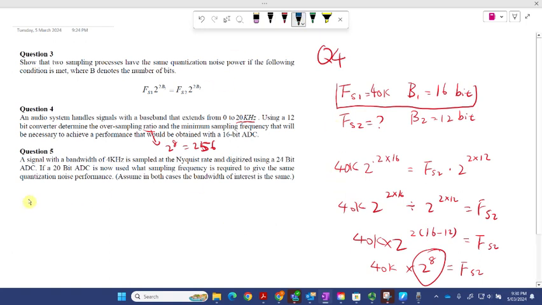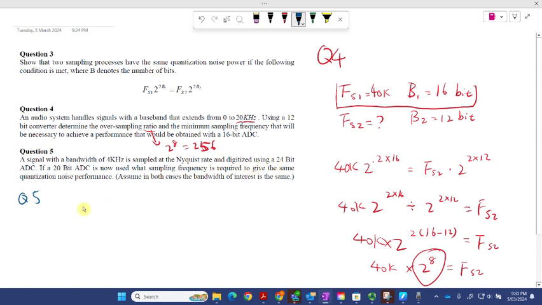Question 5, very similar. A signal with a bandwidth of 4k is sampled at the Nyquist rate, which is 8k, double that, and digitized using 24 bits.